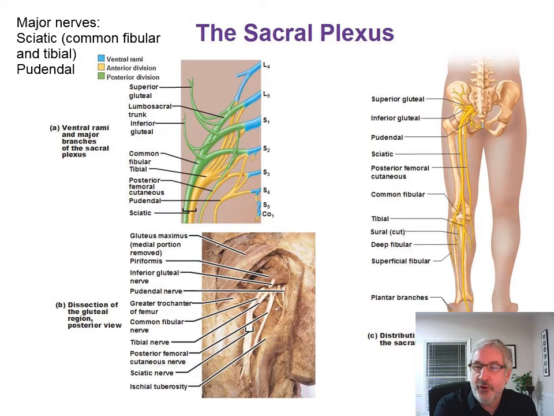Then the sciatic nerve comes down, and this is the posterior. Here is the sciatic nerve, and you can see it splits here.